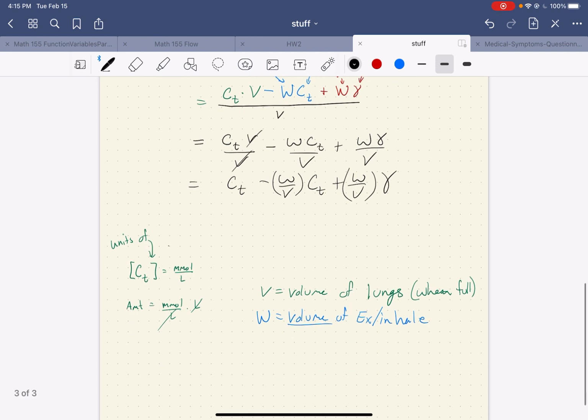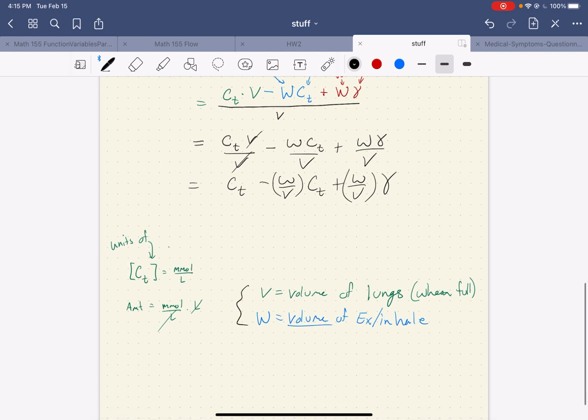And if I look at what W and V are, W is the amount of volume that I exhale and inhale with each breath, whereas V is the total volume of my lungs when they're full. So W divided by V, this is the fraction of air exchanged, more or less.